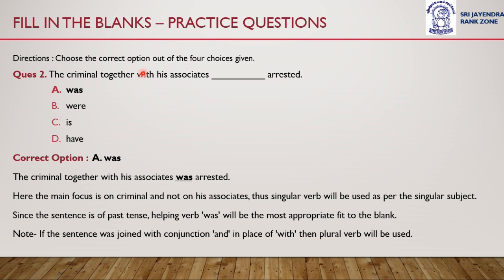But here they are connected with, so the answer would be a singular verb, that is option A, was. The criminal together with his associates was arrested. So this is the solution for question number 2.